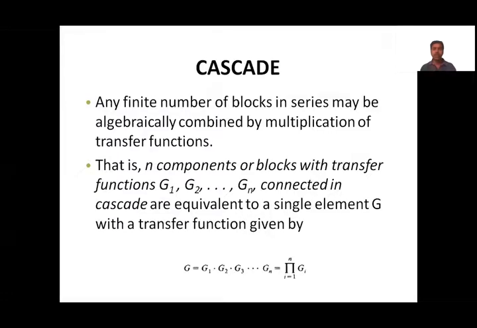Each subsystem will have a small transfer function, and the final transfer function is obtained by multiplying all these subsystem transfer functions. This is nothing but the cascade connection of the blocks. So the final G, the transfer function of the system, is given by G1, G2, G3 and so on up to Gn, because all these are connected in series or cascade.